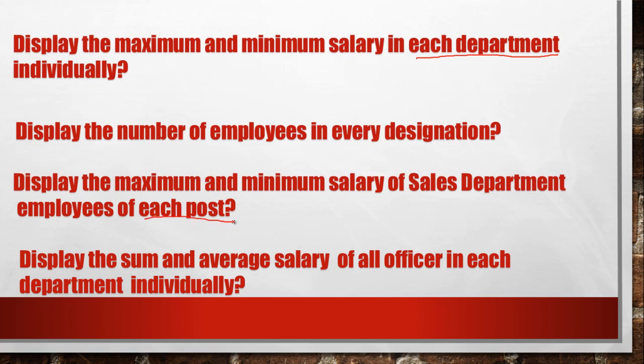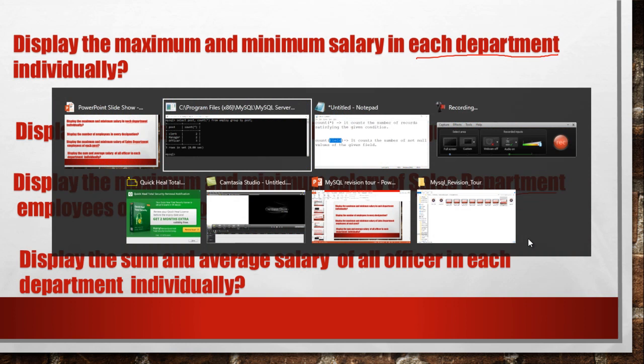So we have to consider only the sales department employees, but out of those we have to make groups according to the post. It means we have to find the maximum and minimum salary of all sales department officers, all sales department clerks, and all sales department managers, right? So let's do this question also.